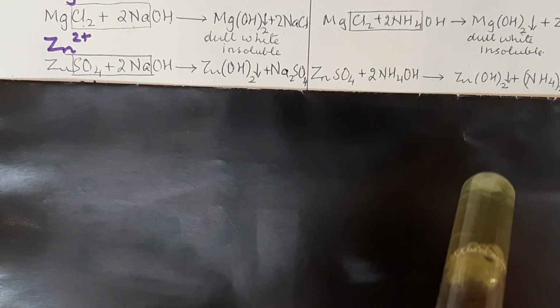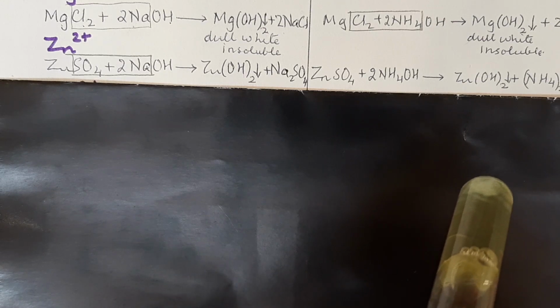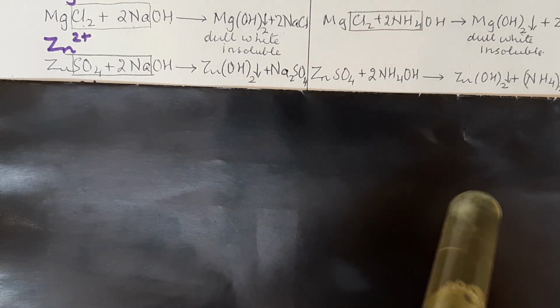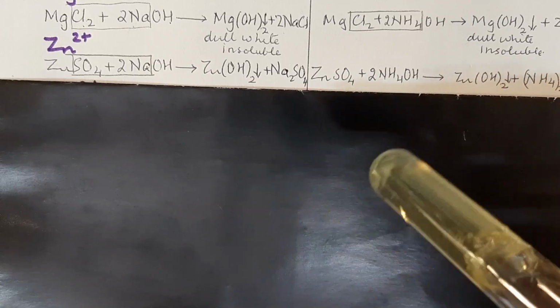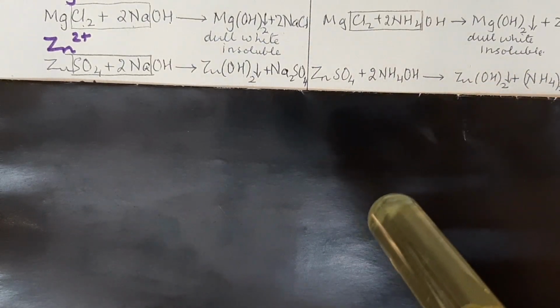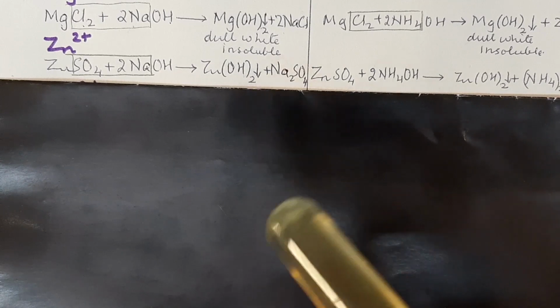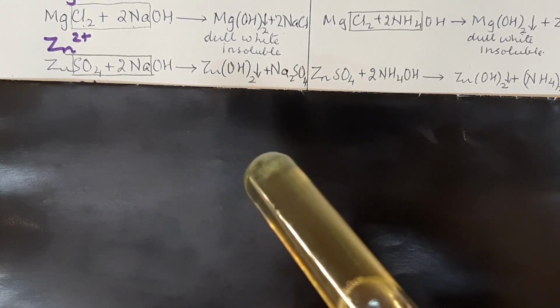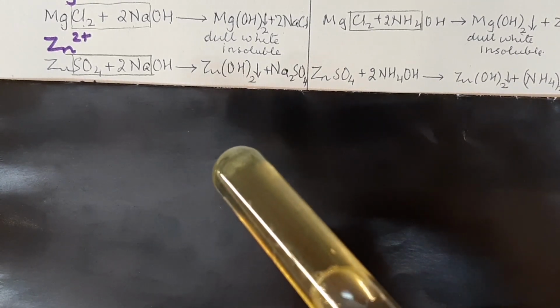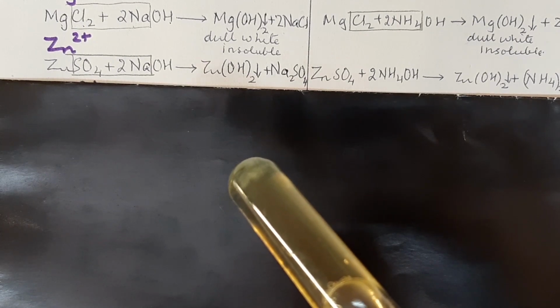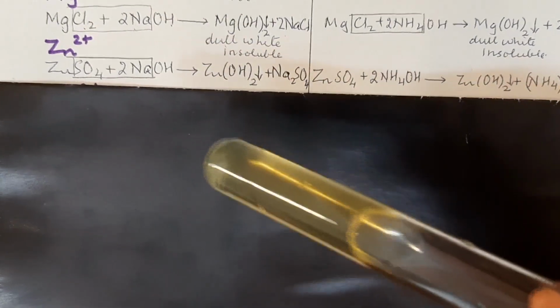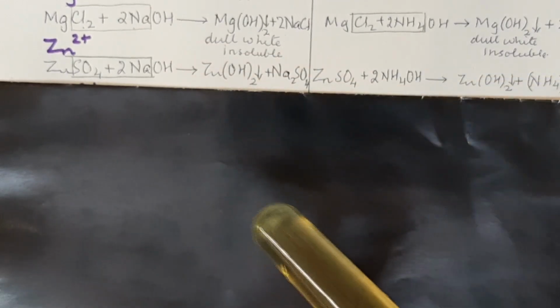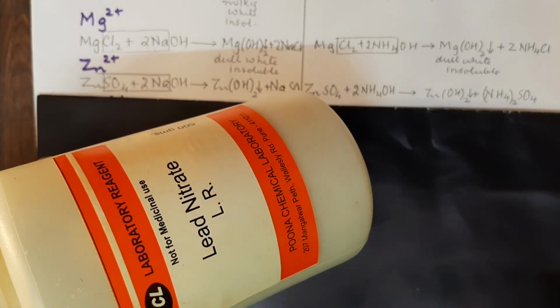A little extra I will add. There. So what do we conclude? That with Zn2+, that is in zinc sulfate, ammonium hydroxide solution gave a gelatinous white precipitate and it dissolved in excess.